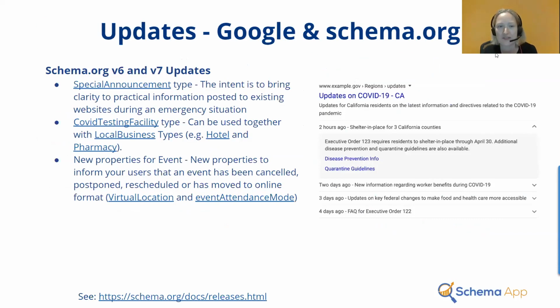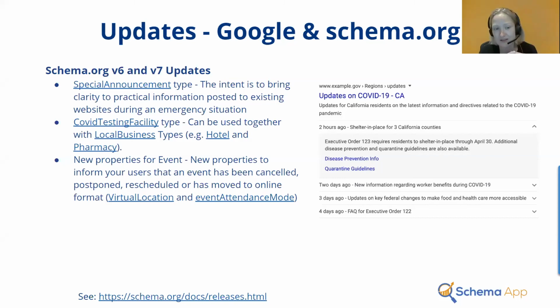The other piece of news, a couple of updates, and we spend 365 days a year just doing Schema Markup, whereas all of you have very many different things that you work on. So a couple of things: we did see Schema.org version 7 get accelerated so that it would have the COVID-19 special announcement, COVID testing facilities, as well as some updates to properties for events so that you could say if they're canceled, moved to a new year, rescheduled, or also in a virtual location.